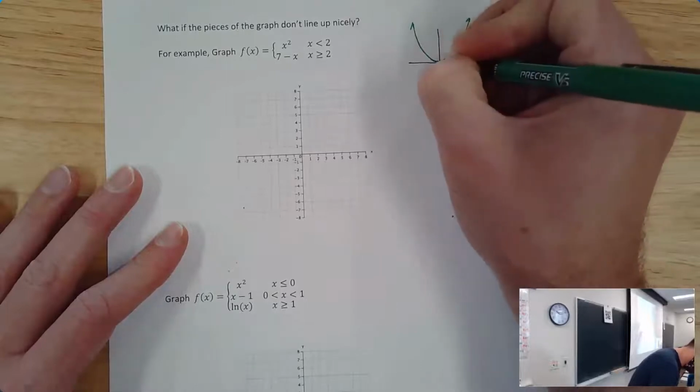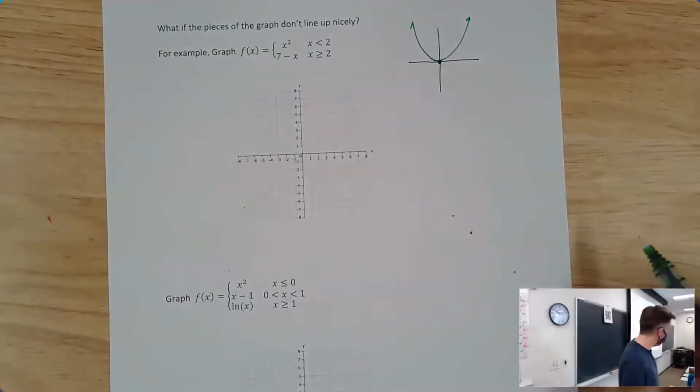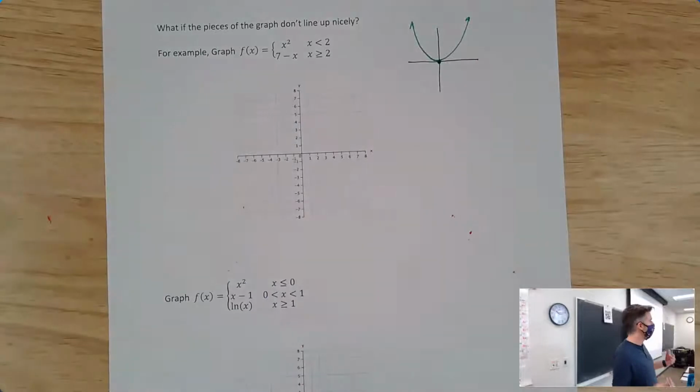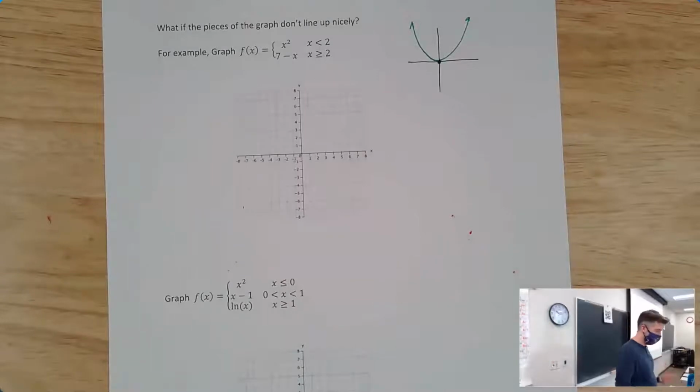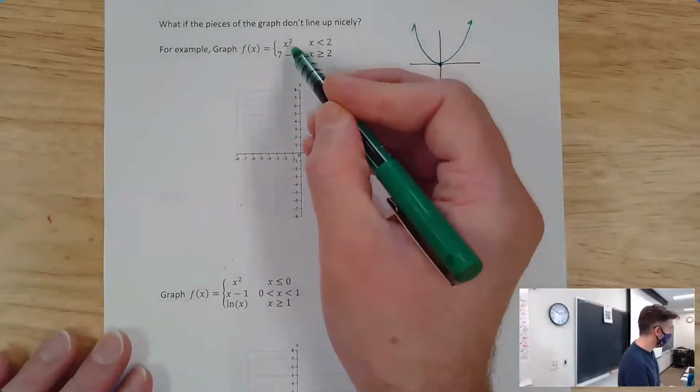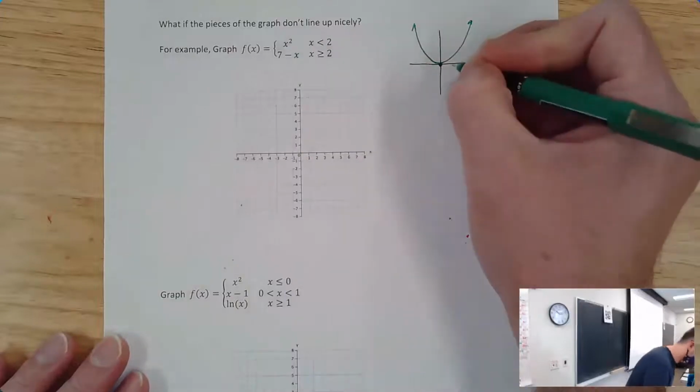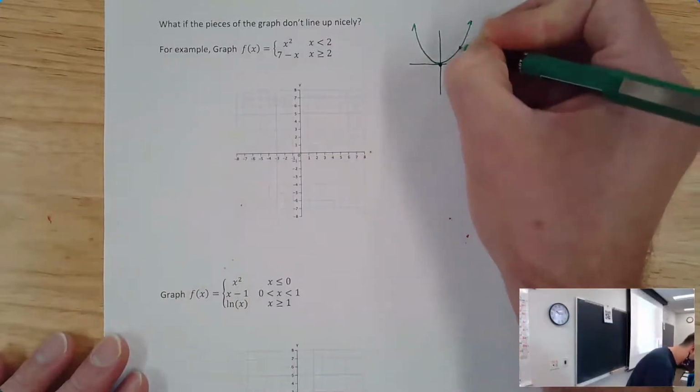I know it hits the origin. What other point on y equals x squared am I concerned about for this particular piecewise step? What x value is really important to me? 2. So I'm going to plug in 2 and get y equal to 4. So I have the point 2, 4.